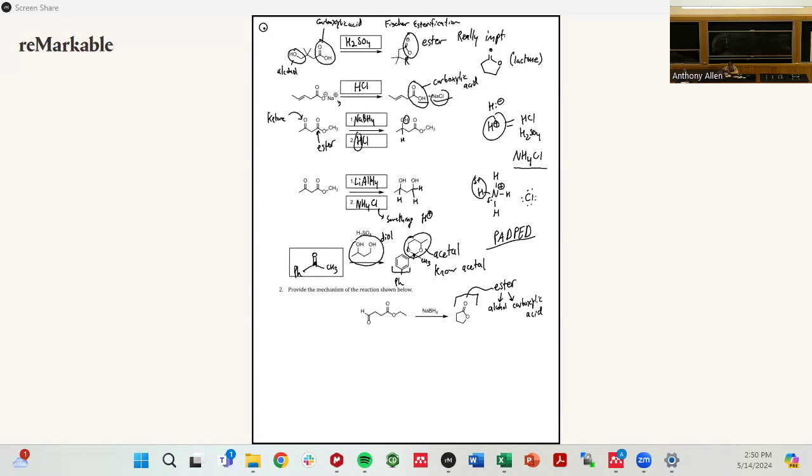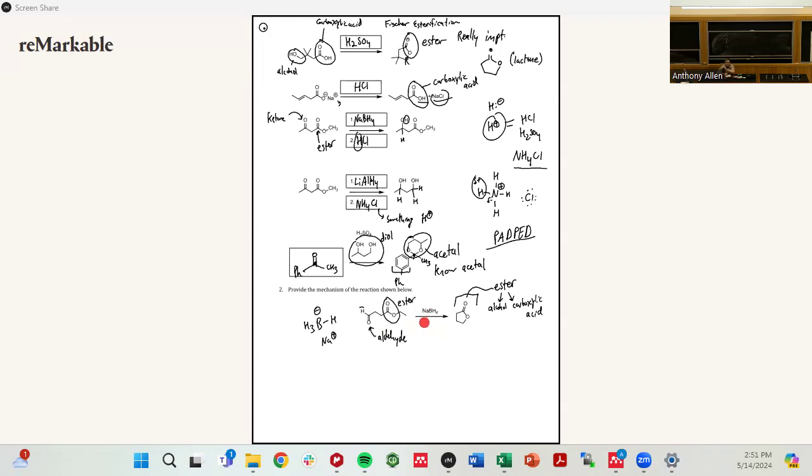Let's go ahead. This is a what? Not a ketone. So if it's not a ketone, it's an aldehyde. This is a what? Ester.